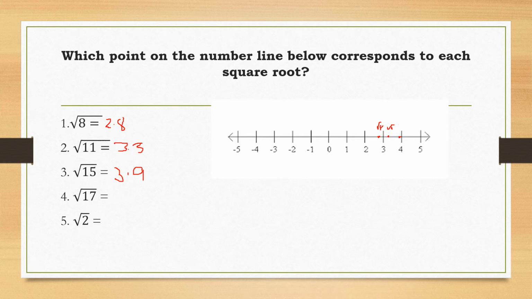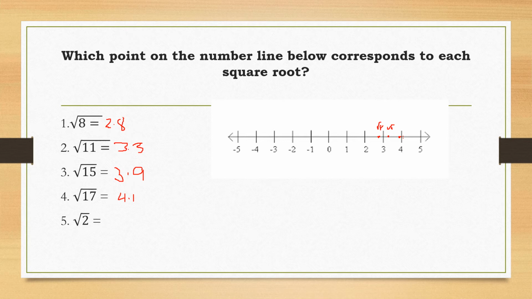Okay, it's almost 4. And then, the square root of 17 equals 4.1, okay? Actually, 4.12, so 1 only. So just a little past this. Okay? So that's the estimation, no?